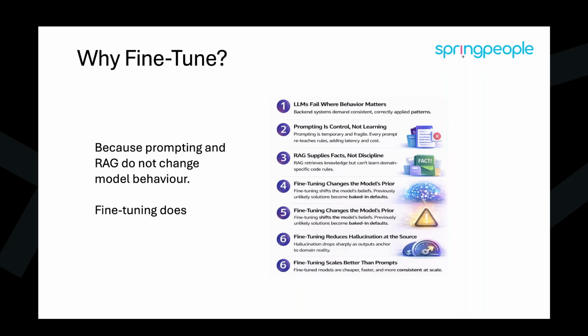Only fine tuning changes the behavior of the model. So that's why we have to fine tune. There is always a need to fine tune, and we will see as we go through the rest of the slides why we have reached here, and why we could not have solved this problem using a prompt engineering technique or a RAG technique.